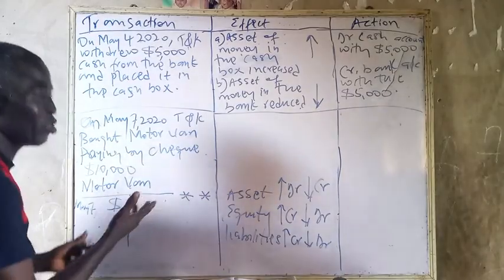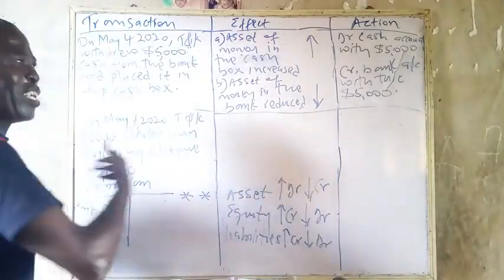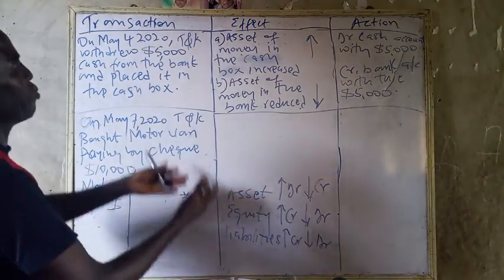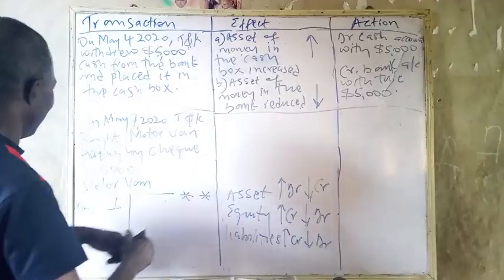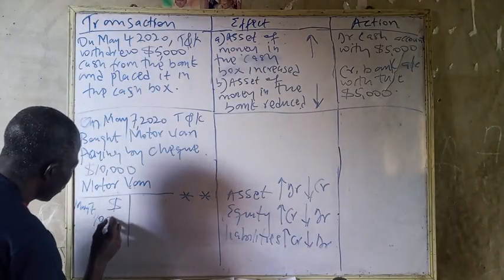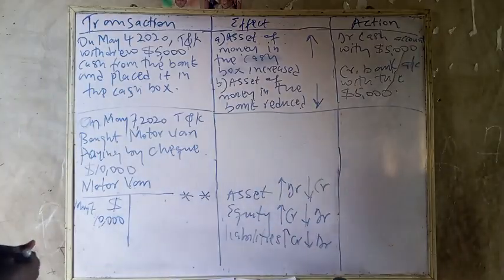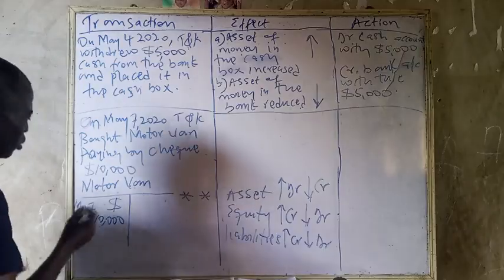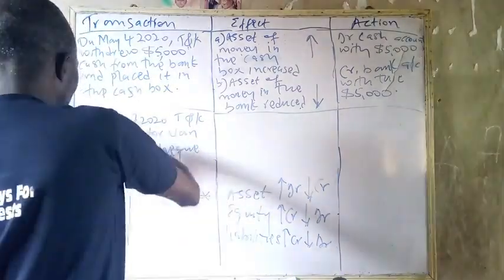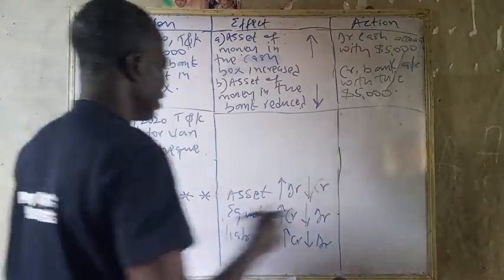You don't write 0 like this, but just for simplicity and clarity, to illustrate what we mean by increase and decrease, I'm putting 0. It increased from 0 to $10,000.